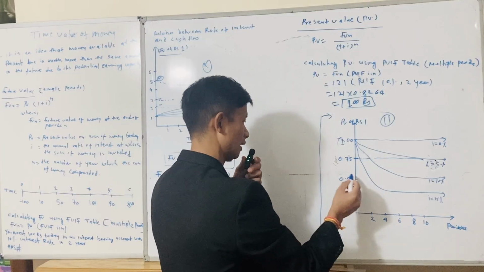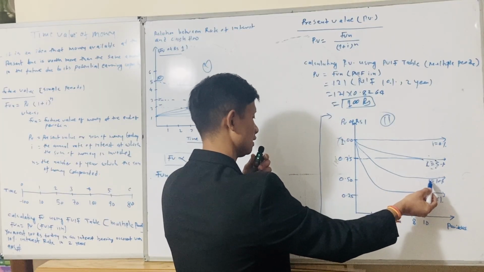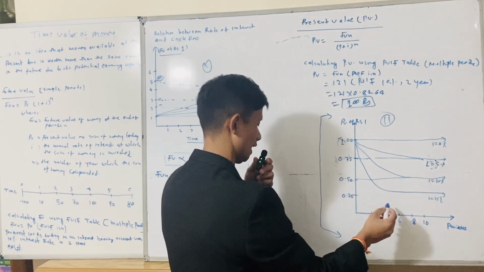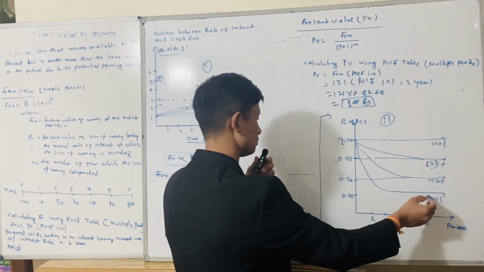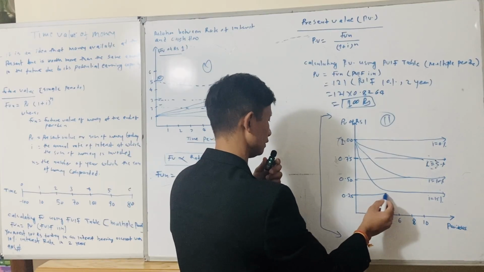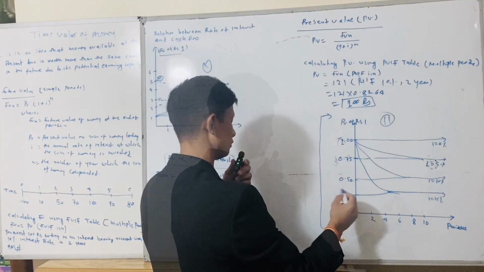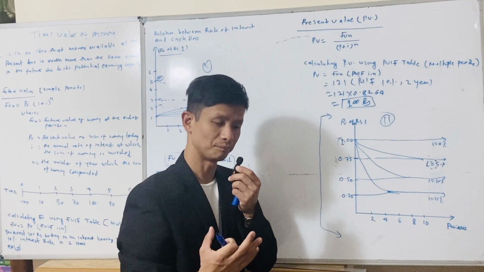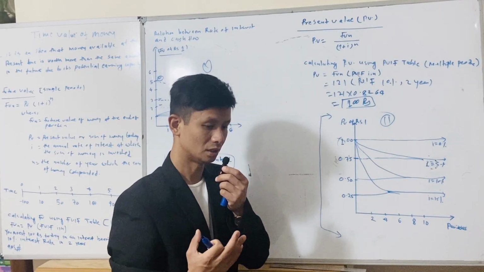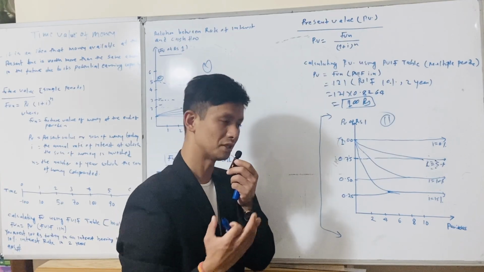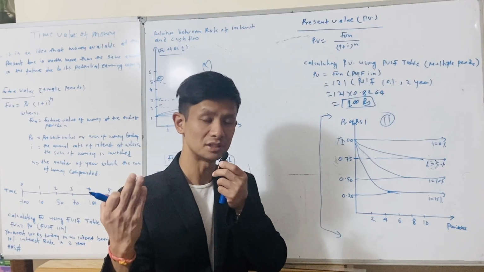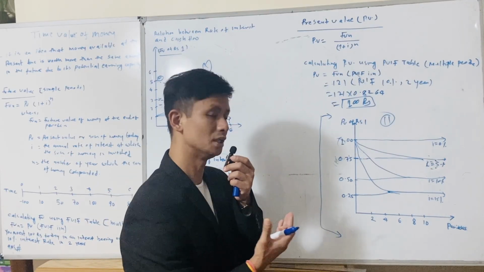If you increase the interest further, the present value goes down again. So we can say that there is a negative or inverse relationship between the rate of interest and the present value. That means if you increase the rate of interest, the present value will go down.